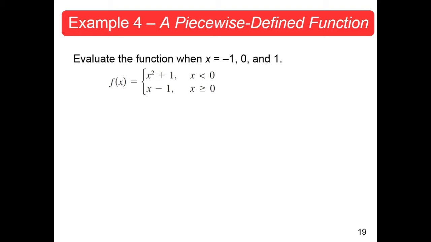So the domain is all real numbers, but the domain is split into two pieces. Doesn't have to be 2, it could be 3, 15, whatever. And usually you account for all the x's, but you really don't have to. So there's your piecewise defined function.